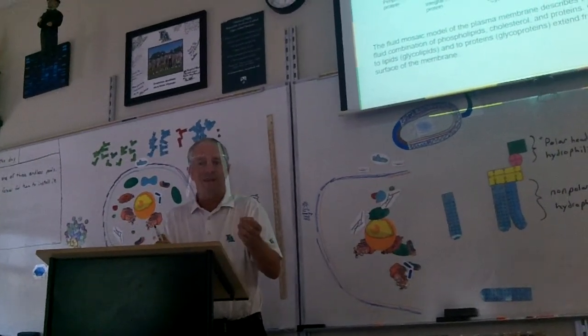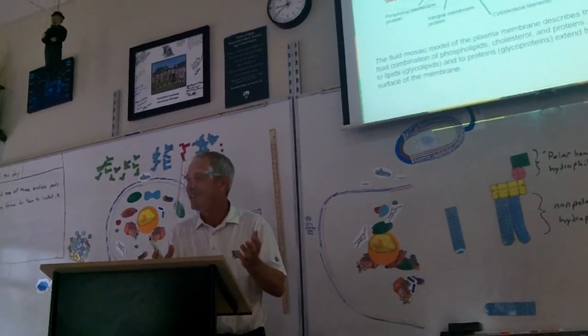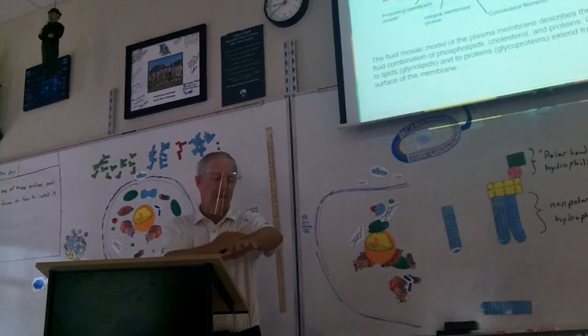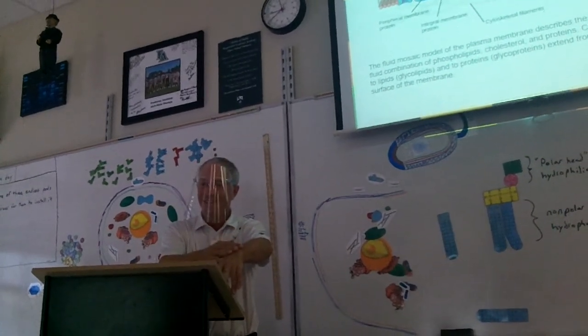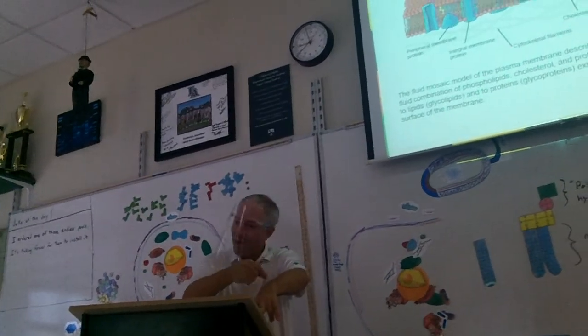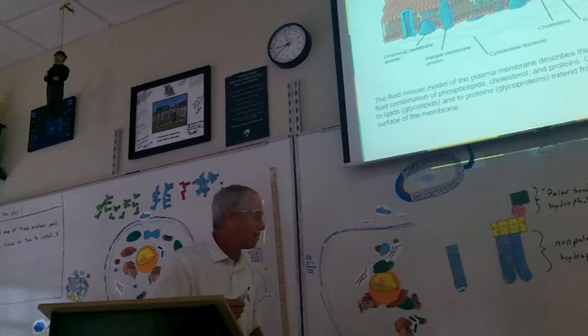If it's not surrounded by water, it's probably dead. Did you know that? Your skin here is touching the air. All those cells are dead. The cells down deep are alive. They're surrounded by water. There's water on the inside of your body.